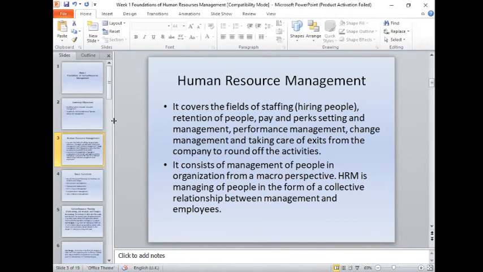But take note, based on the definition that I've mentioned, it covers the field of staffing. Staffing is about hiring of people. If we hire people, we need an analysis of how much manpower is needed to occupy the vacant positions in the organization.